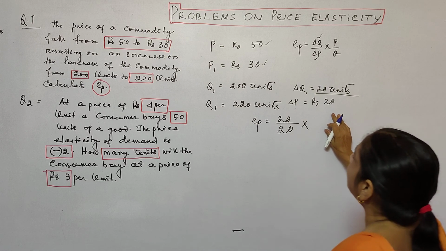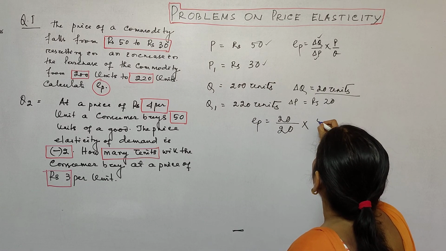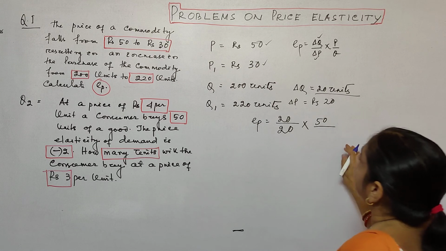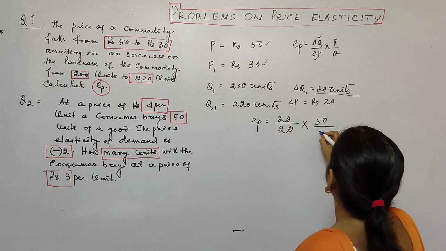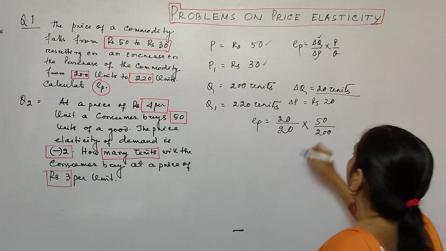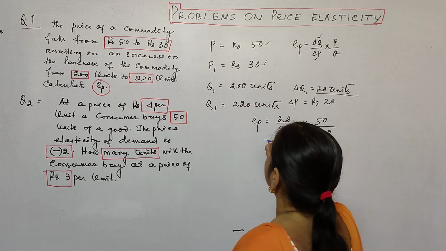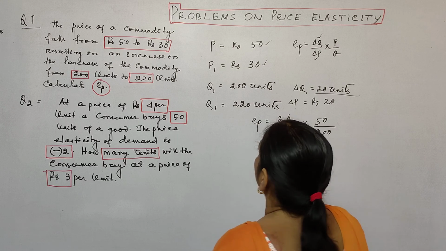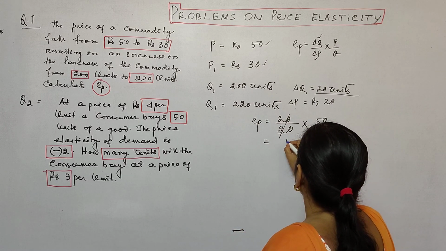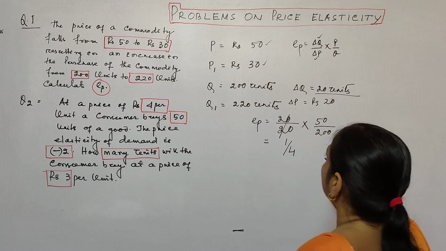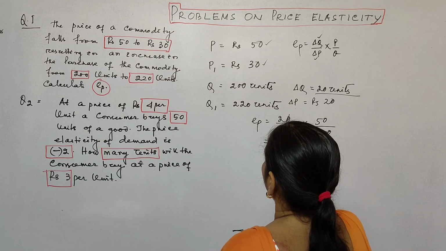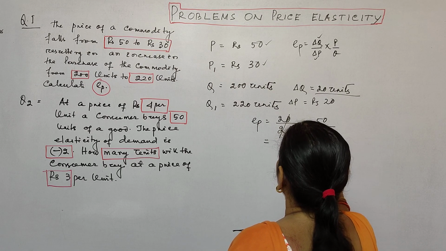P is our initial price, 50, divided by Q. Q is our initial quantity, 200 units. Now by solving this, it comes to 1 by 4, equal to 0.25.